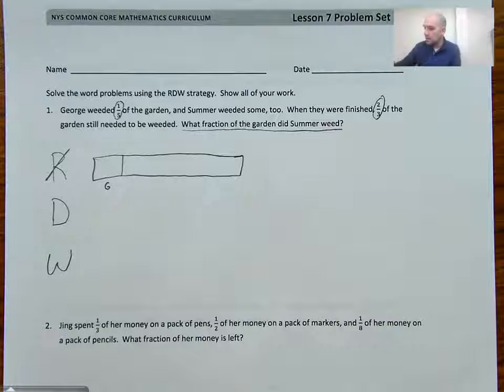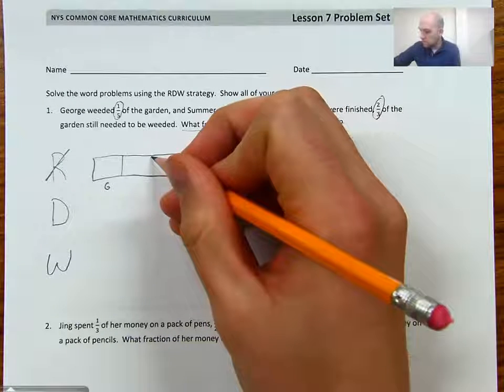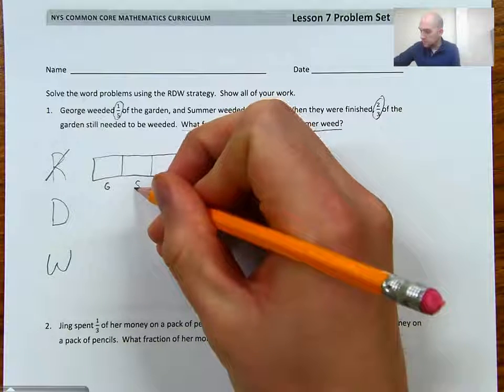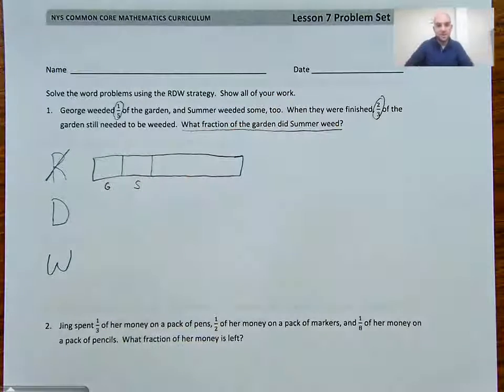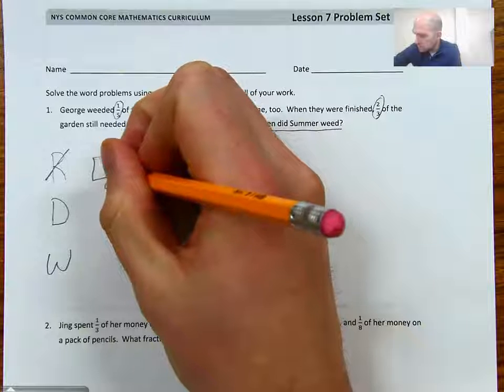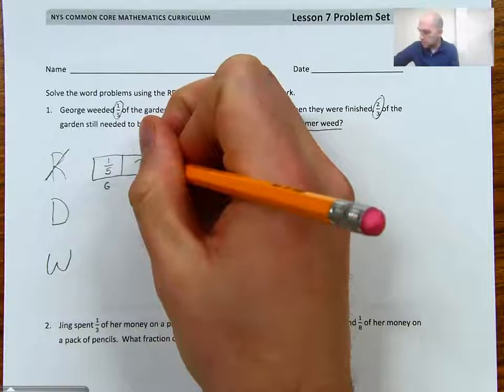We also know that Summer weeded some of the garden as well. I'm going to put an S under the part that Summer weeded. We know George's part is 1/5. We don't know what Summer's part is.